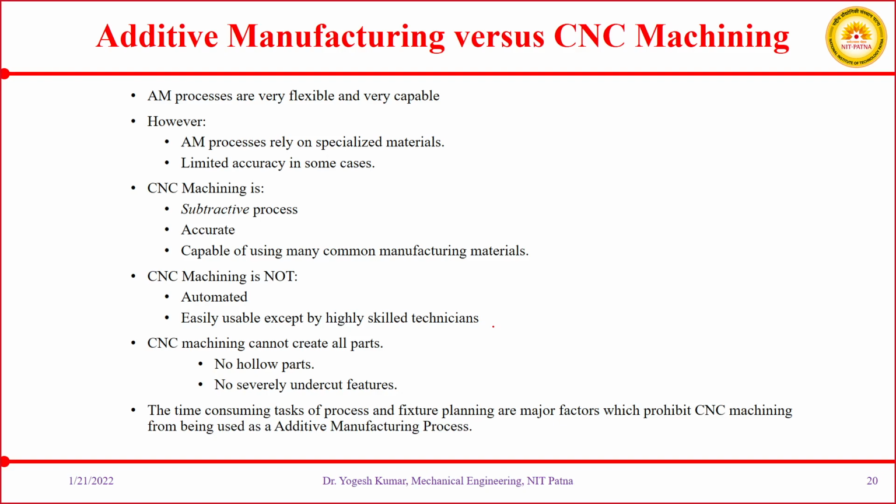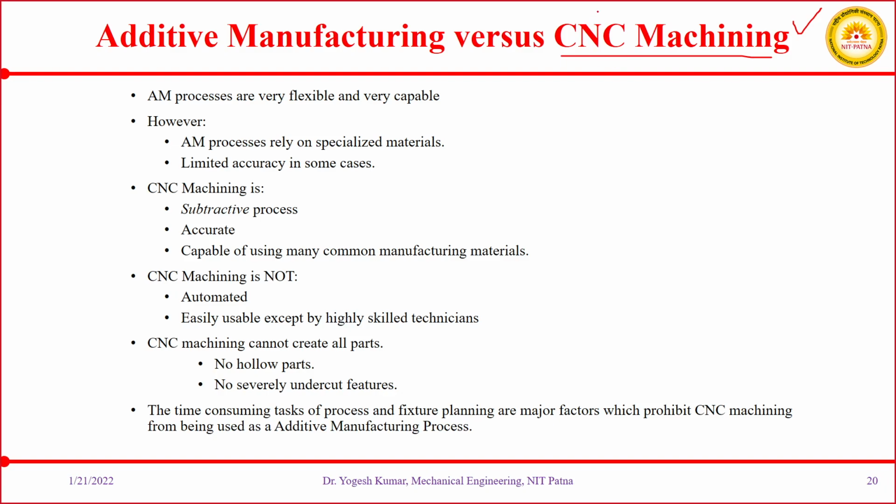But before that, there is one more small topic. Because there are two groups, second year students and final year students, I guess students from other departments like civil, electrical, and EC might not be aware of CNC machining. So I have kept one slide for a short discussion about CNC machining and a comparative study of additive manufacturing and CNC machining.